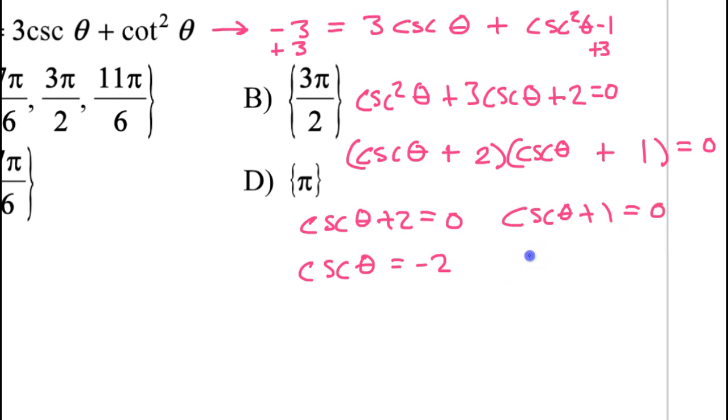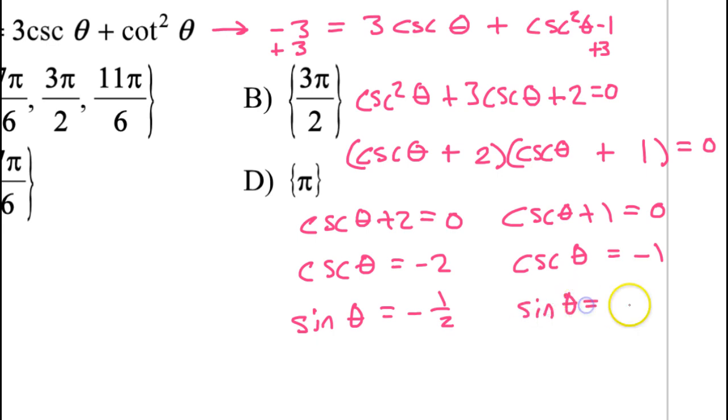Subtracting 1 from both sides, cosecant is equal to negative 1. Cosecant is the reciprocal of sine. So taking the reciprocal of both sides, I have sine theta is equal to negative 1/2, and sine theta is equal to negative 1. The reciprocal of negative 1 is still negative 1.